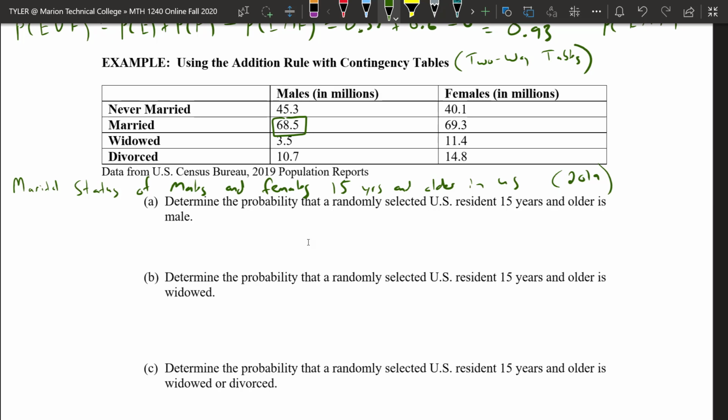Something that's often done with the two-way table is we want to find totals. So we want to total the columns and the rows, and also find the total number of people combined. I'm going to take a screenshot of this and work on this off to the side so I have a little more room.